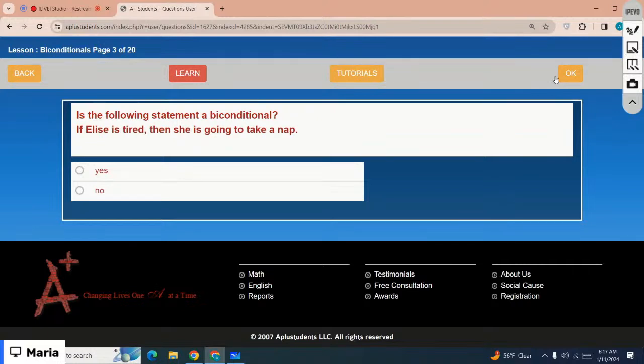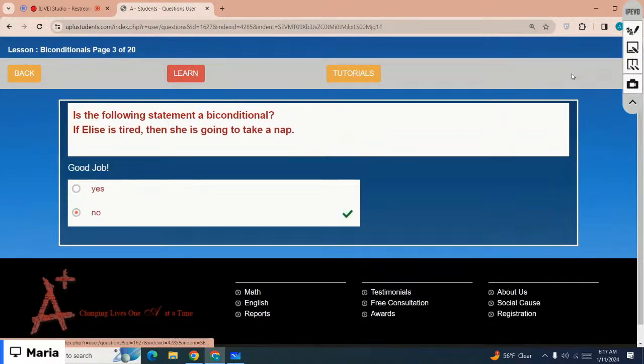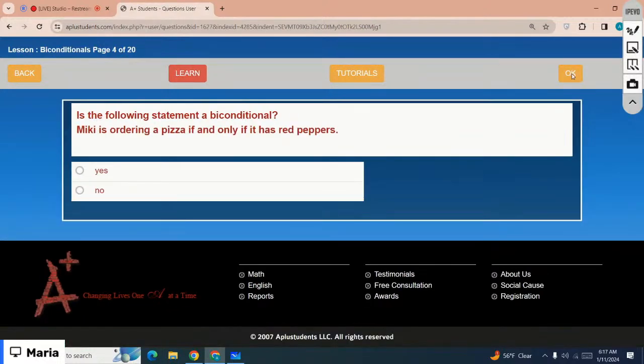The correct option is no, that is just a conditional, right? This isn't a biconditional, that is just a conditional.